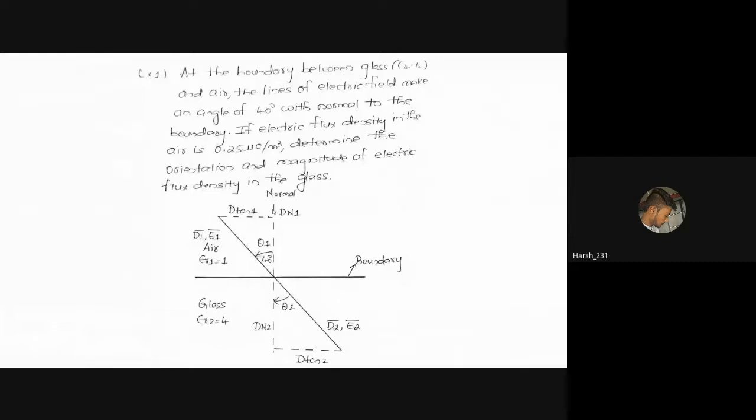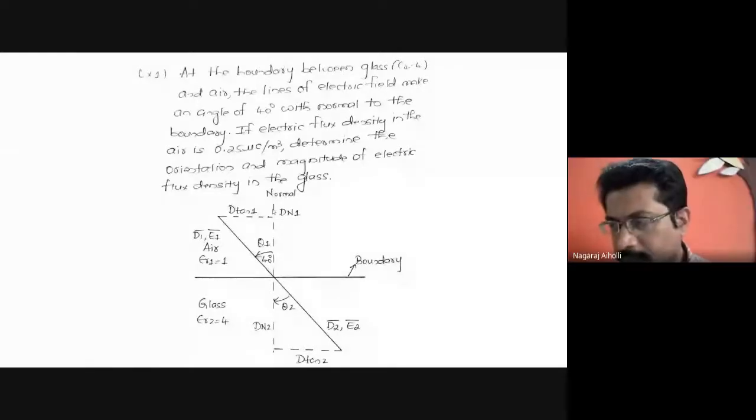What is the value of Dn1? 0.1915, into 10 raised to minus 6. Yes, Dn1 is equal to 0.1915 microcoulomb per meter square.